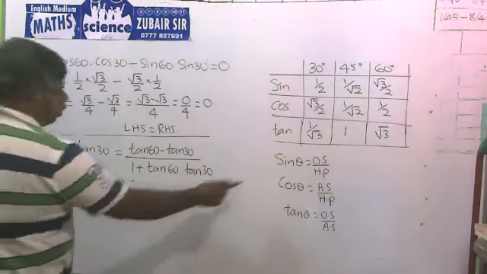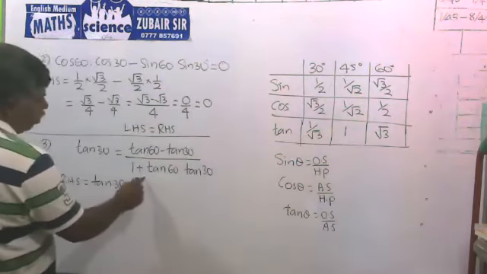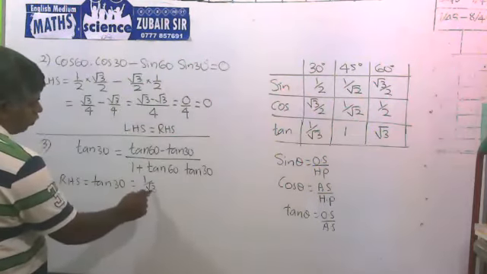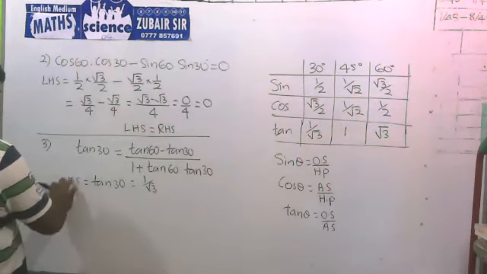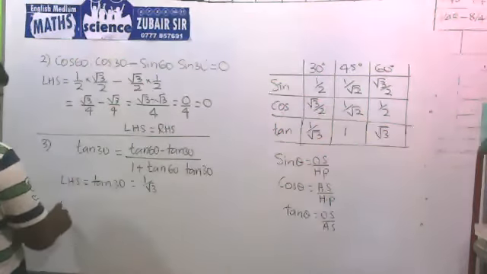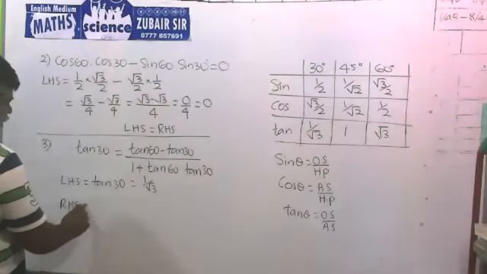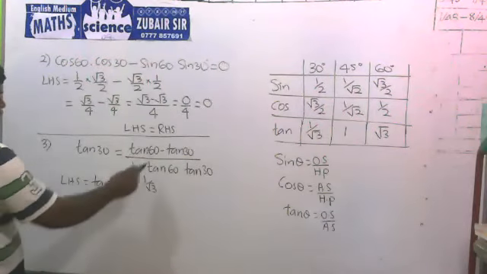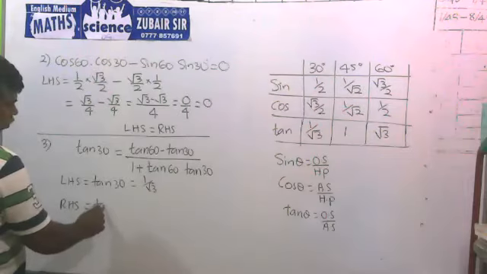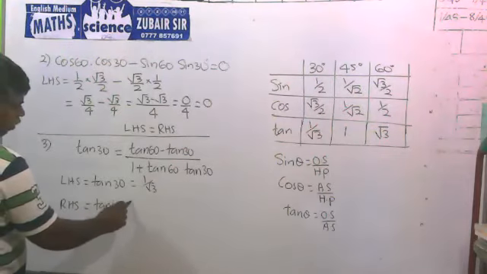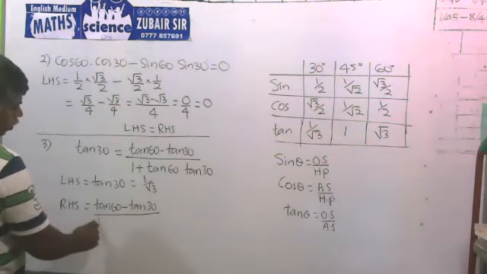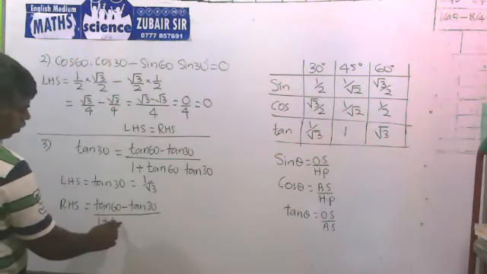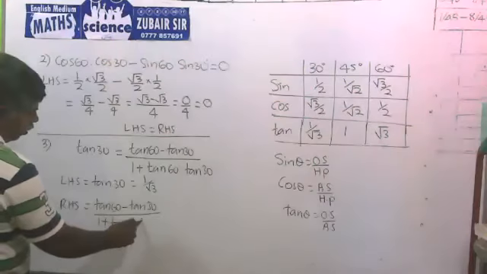Then what is RHS? Left hand side is only tan 30. Tan 30 is equal to 1 over root 3. Right? That is the left hand side. Then what is the right hand side? Right hand side is this side: tan 60 minus tan 30 over 1 plus tan 60 tan 30.